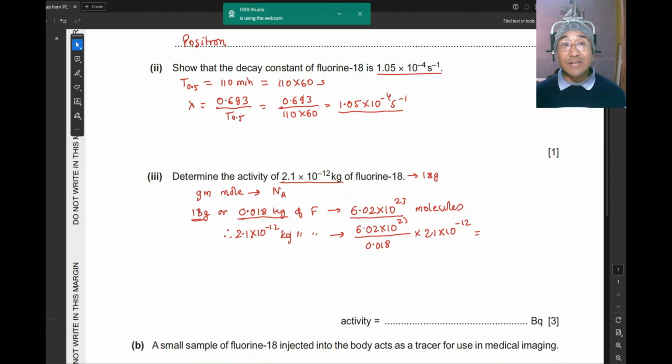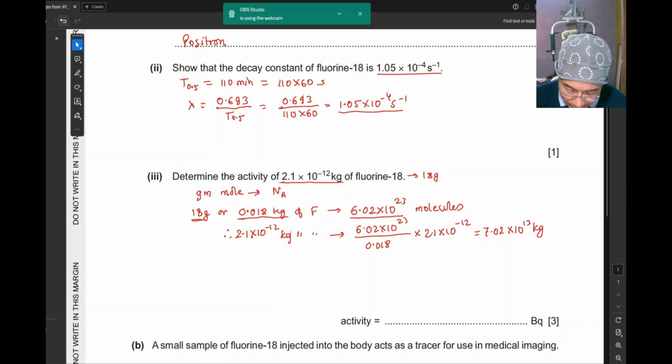When I do the calculation, 6.02 exponent 23 into 2.1 exponent minus 12 divided by 0.018, this comes out to be 7.02 into 10 to the power 13.